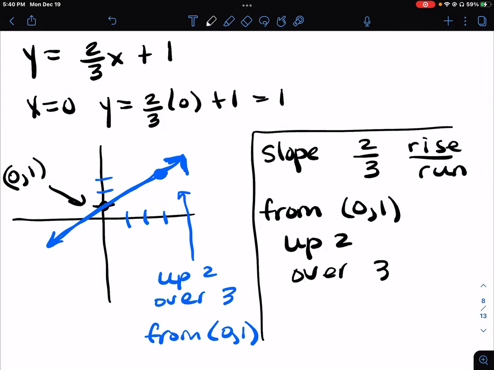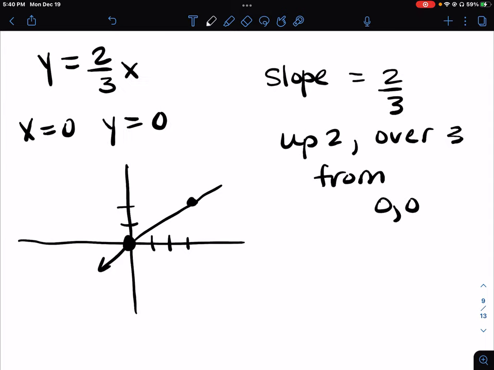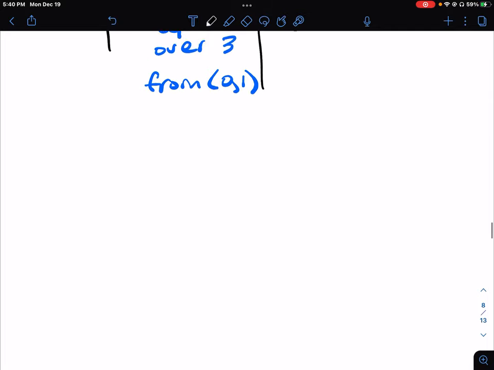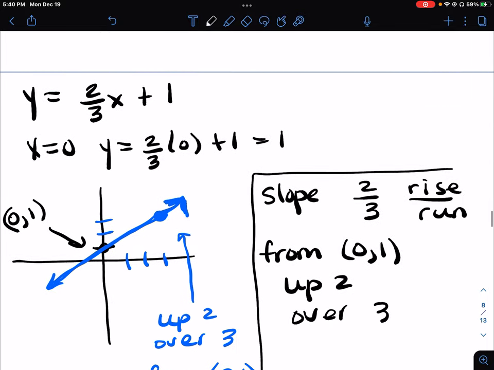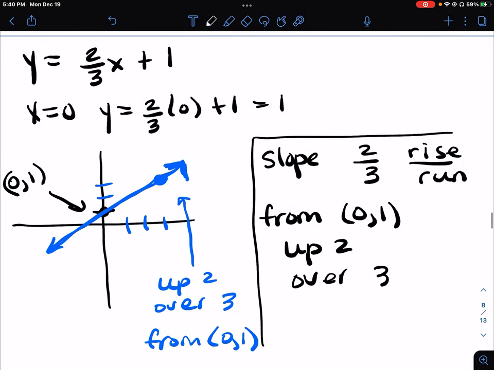Okay, what about y equals 2/3 x plus 1? If you plug in 0, 2/3 times 0 is 0, plus 1 equals 1. Okay, so our first point is 0, 1, which is over 0 up 1.